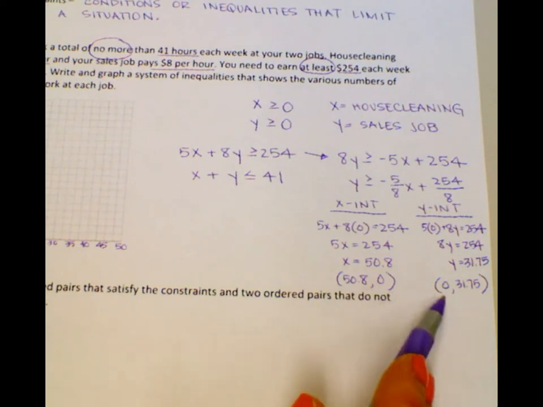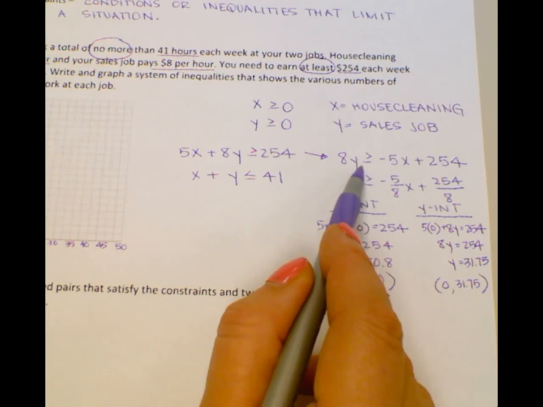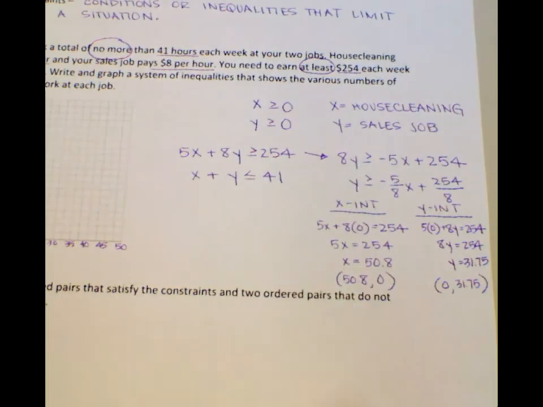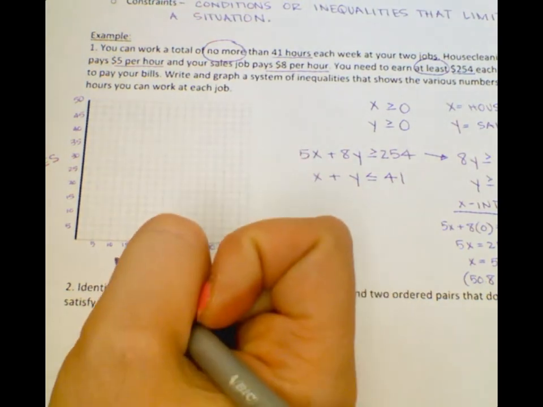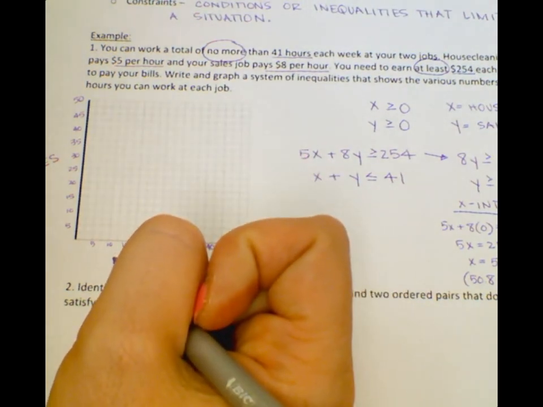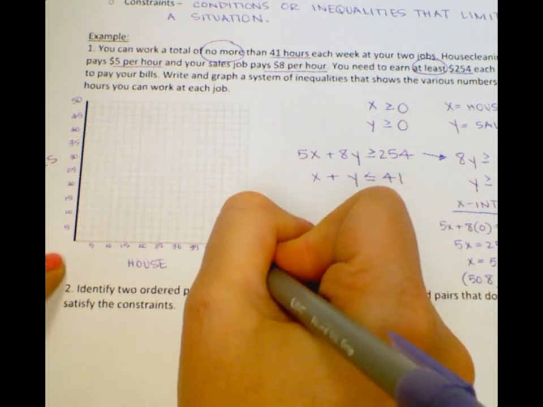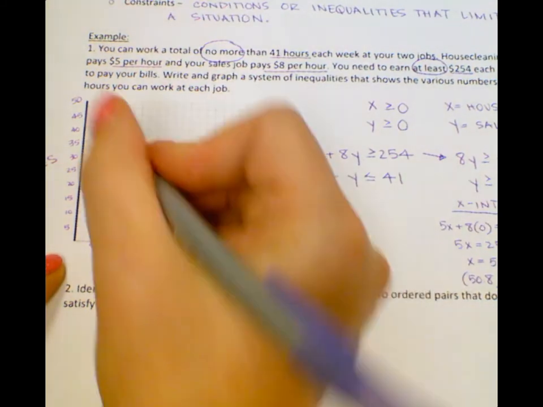Now I'm going to plot these 2 points, and remember, then I just draw a line. This has a little less than underneath it, so I know that I can do a straight line. So I want 50.8 for x, which is a little farther than I want it to be, and 31.75.